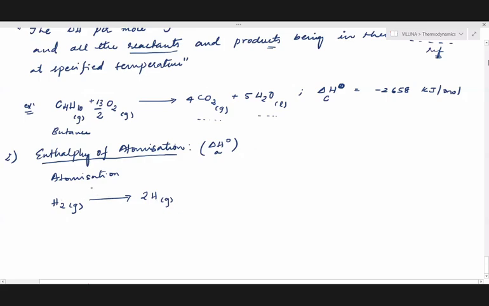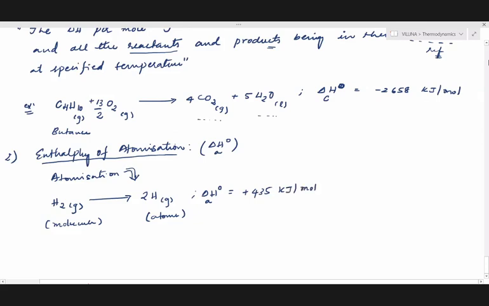Here hydrogen is a molecule converted into two different atoms, not any charged ions, they are simple neutral atoms. In the process of atomization, the net enthalpy involved is denoted by delta HA and its value is plus 435 kilojoules per mole.